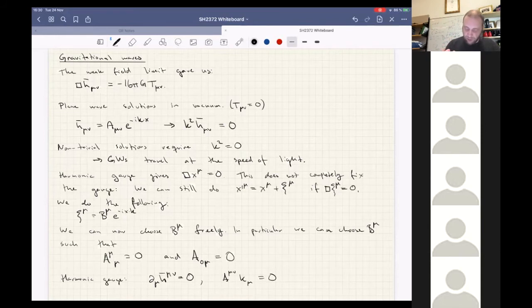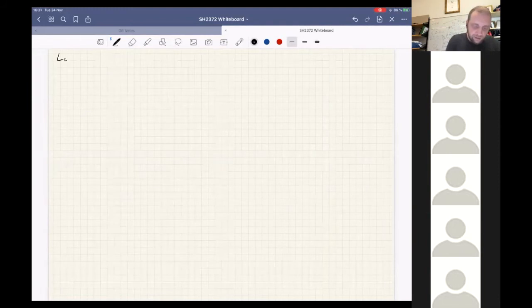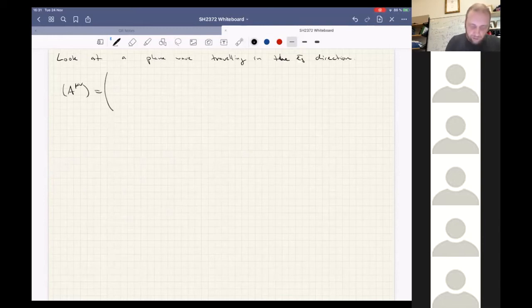So what I'm going to do now is take a plane wave and arrange my directions so that I look at a plane wave traveling in the e3 direction, so in the z direction essentially. Then I know that all of the time components of this amplitude are going to be 0.